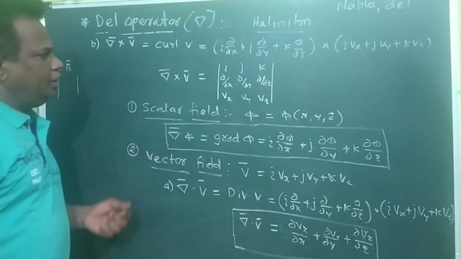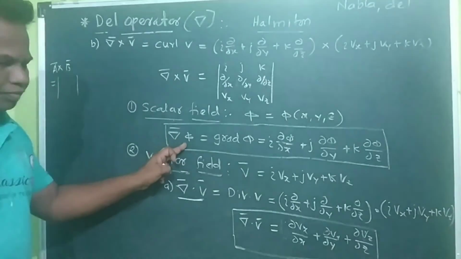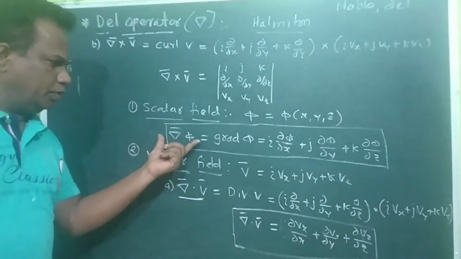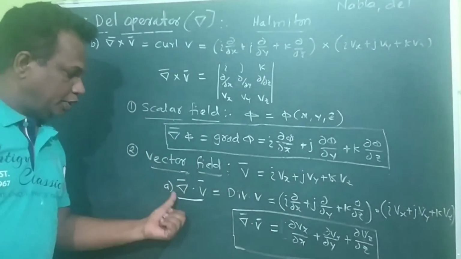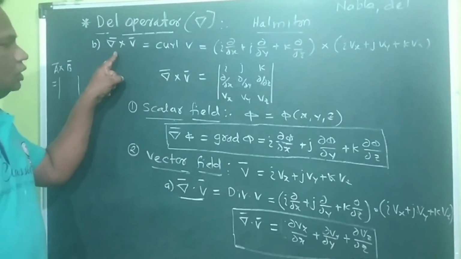Similarly, when del is operated on a vector field, you can multiply a scalar quantity and a vector quantity only once. But when two vectors are multiplied, there are two types, one dot product and another cross product.